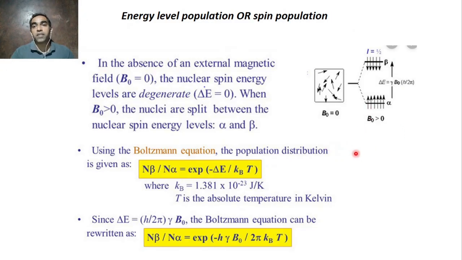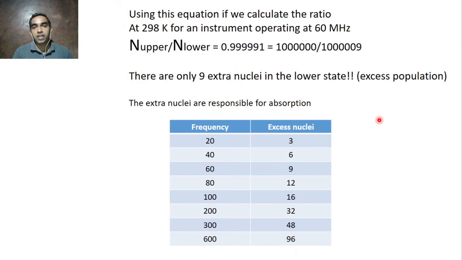Now, what is required for energy absorption? Maximum should be in the lower state. Then energy absorption will take place. They will go to the higher state, and after releasing the energy, they have to come back to the ground state. But most of them are in the higher state, so only a few nuclei are at the lower level.